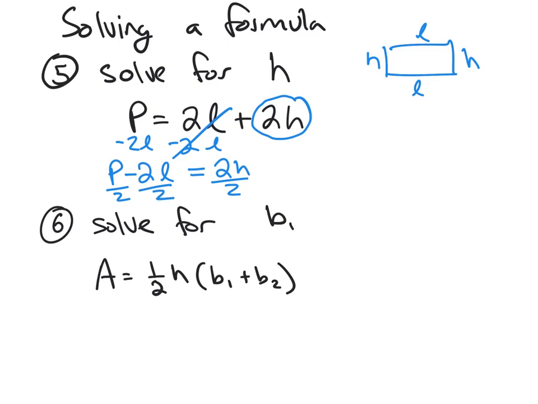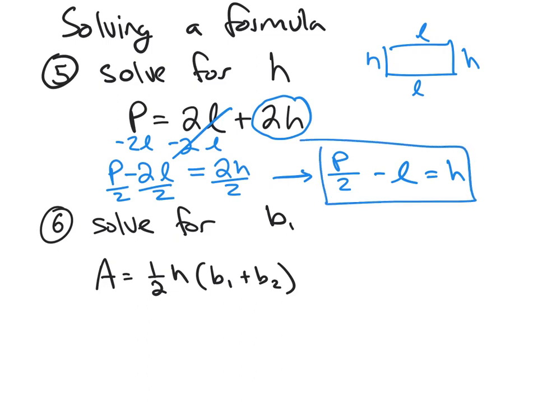And just like we were doing in those first couple problems, we'll divide by 2 everywhere. And so that's going to leave me with P over 2 minus L equals H. And that's my equation.